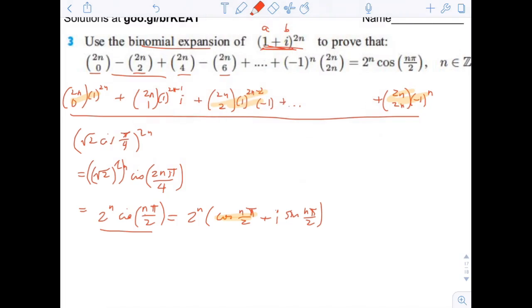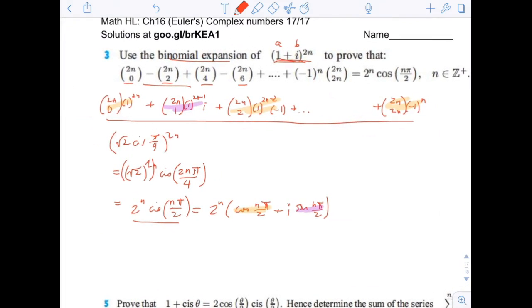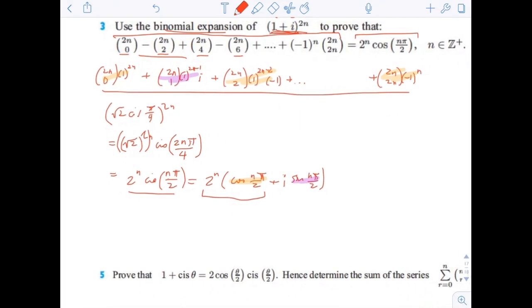And the imaginary part of this, which is this, could be equated to the imaginary part of the expansion. And since we're trying to prove that, do you notice how they removed all the imaginary terms? So this must be talking about the orange section, and it is. So let's take the orange terms and make it equal to the orange term that's left here.